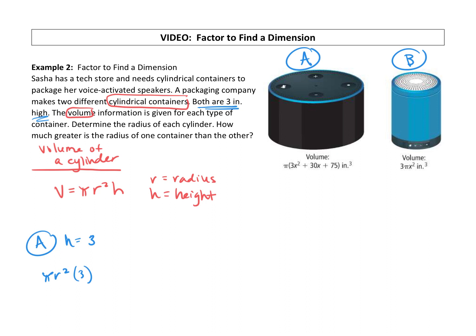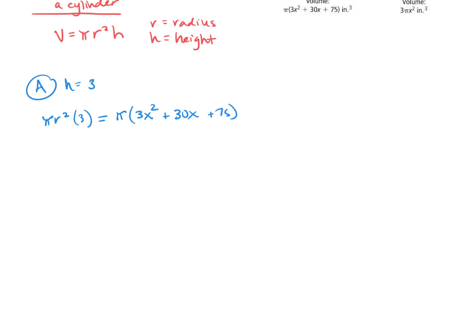We know the height is 3, and we're also given the volume of our speaker, so we're going to set this equal to the volume of our speaker: pi times 3x squared plus 30x plus 75. We have an equation to work with. Our goal is to solve for our radius. So how do we do that? It looks kind of complicated.